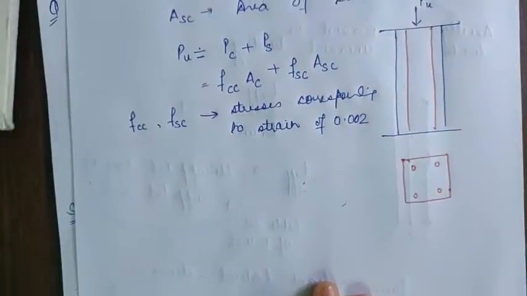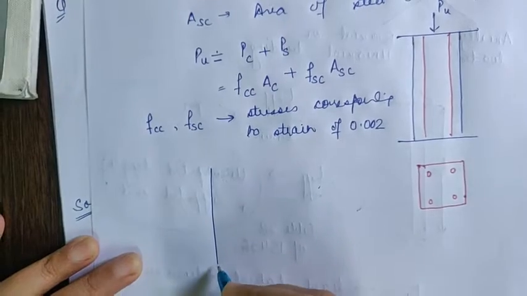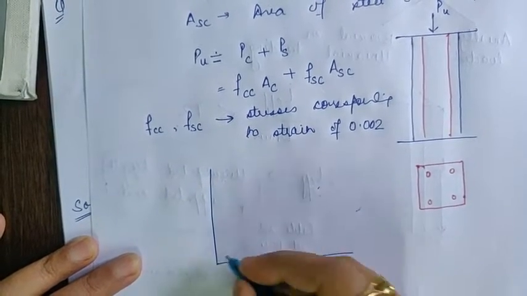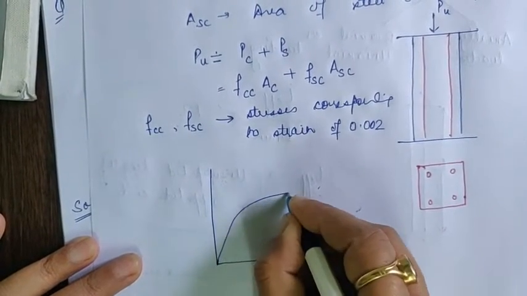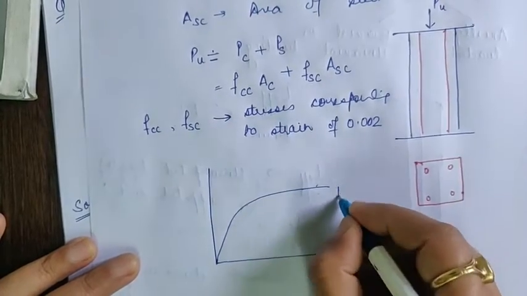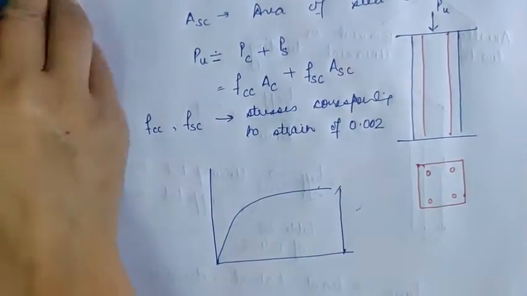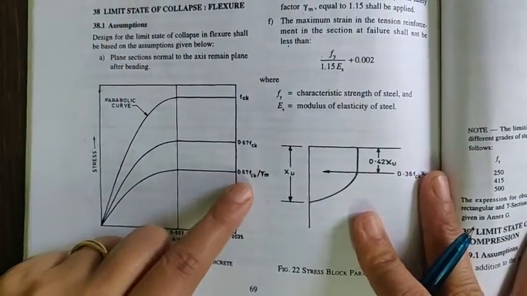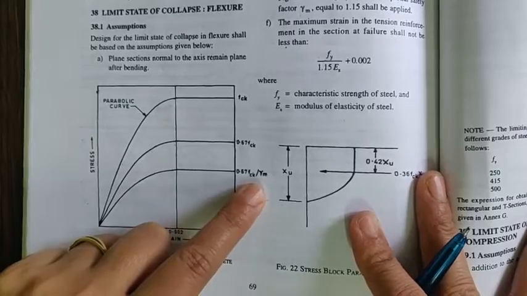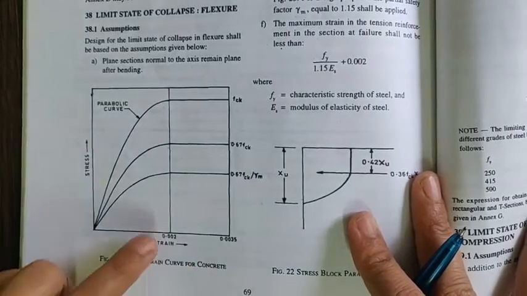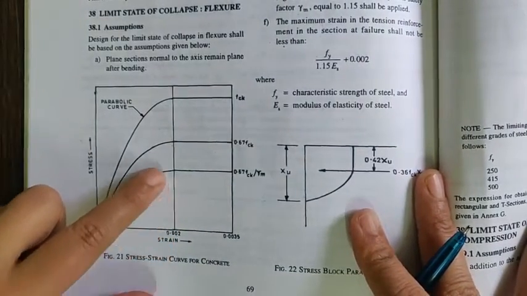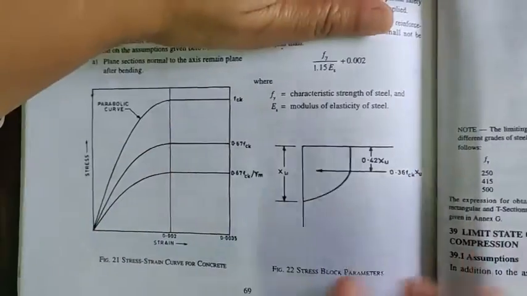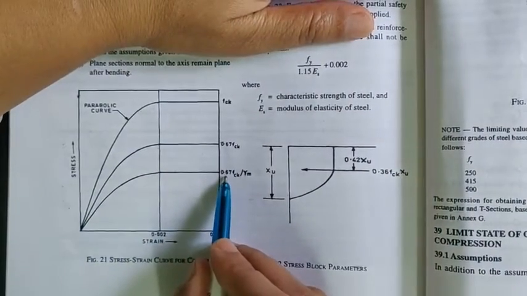And if you remember the stress strain curve of concrete, it was a parabola like this, where this value as per the code was 0.67 FCK by gamma m. And the strain is 0.002, corresponding to this, the stress is this particular value.